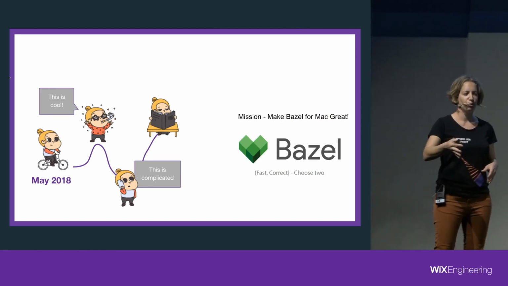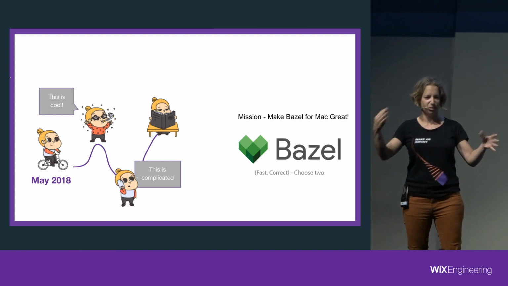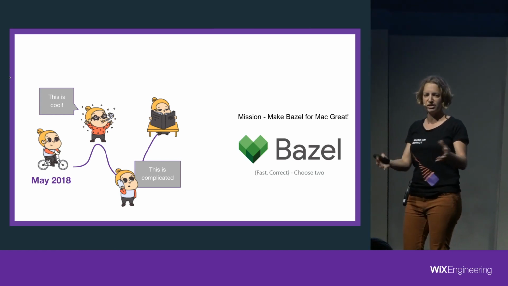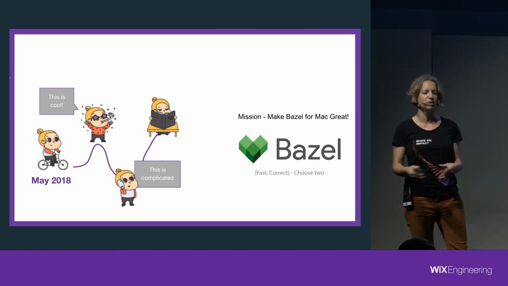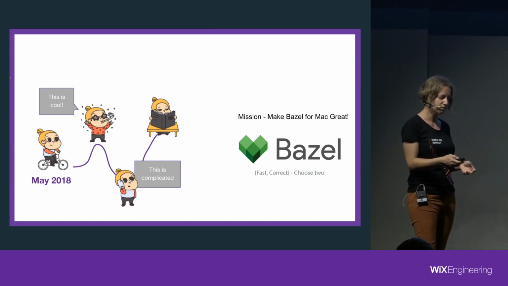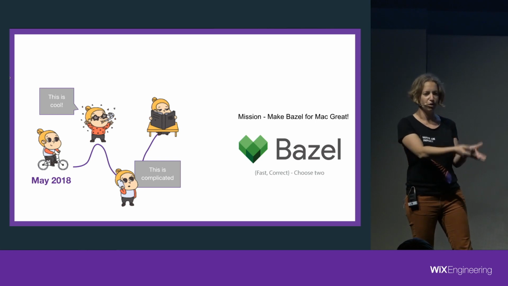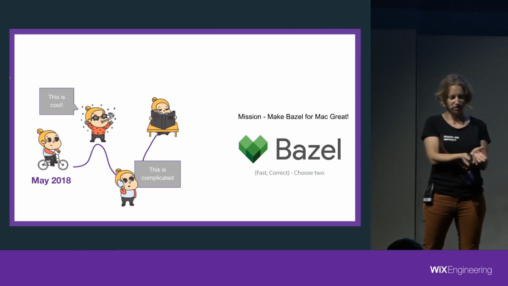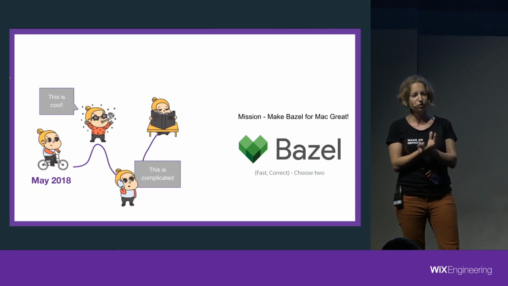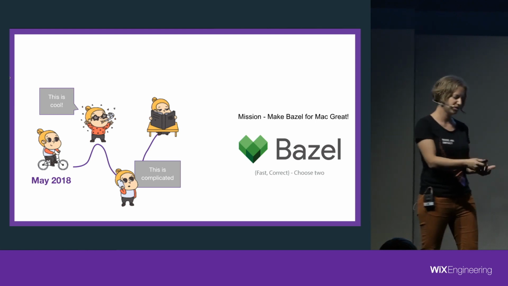So this was the point when I realized that I had a really big task to do, okay? It was not just about verifying things anymore, it was about building something else. And what we wanted to actually do was to get to the point where all 270 developers could use Bazel on Mac and get the full benefits and be happy and feel good about this.